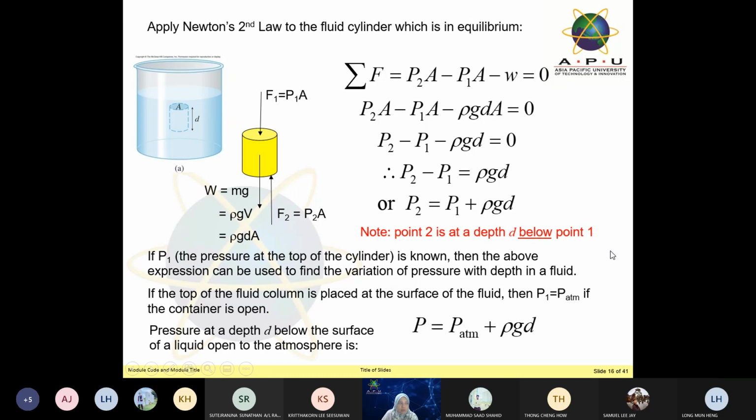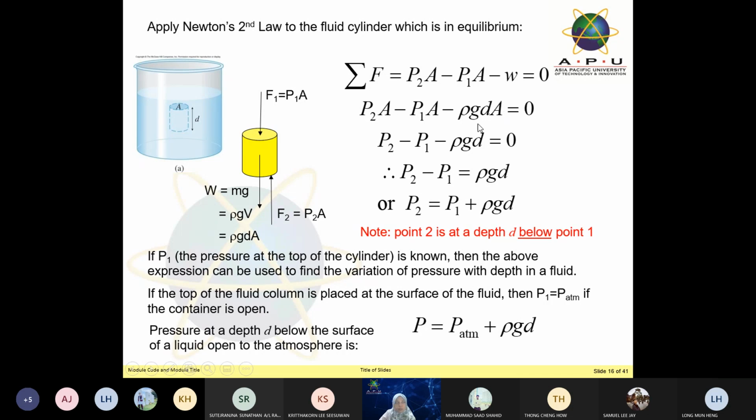So applying Newton's second law to the fluid cylinder, which is in equilibrium, we have a total force equal to P2A minus P1A minus W equal to 0. Then substitute W equal to rho g d times A. After that, A is factorized.